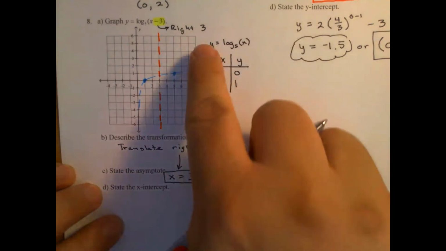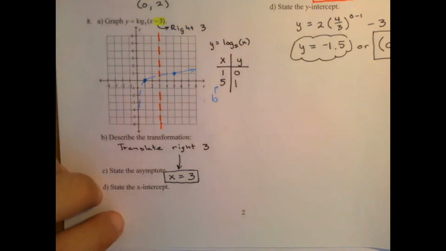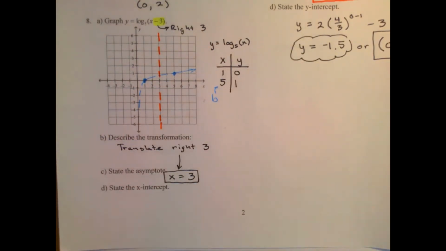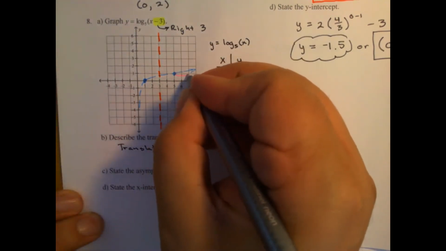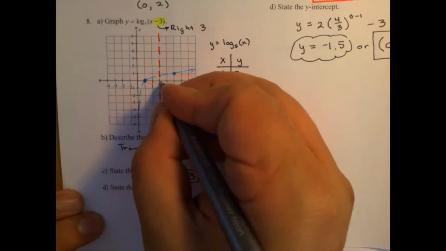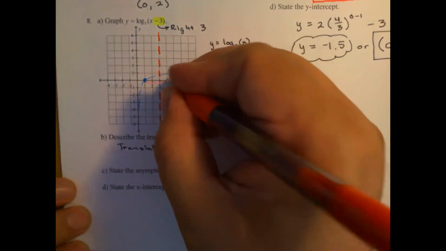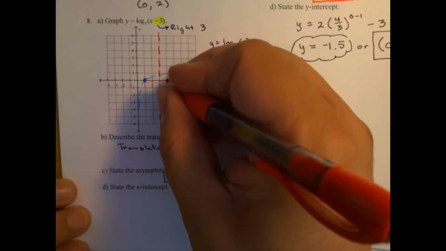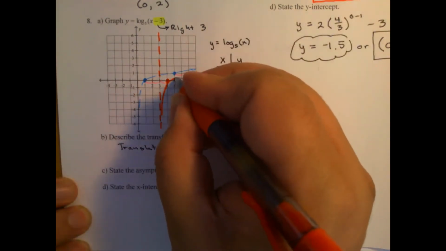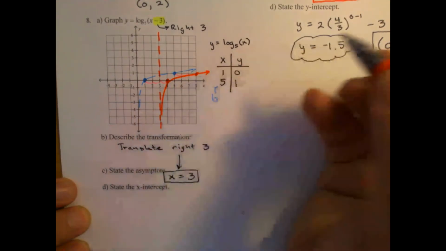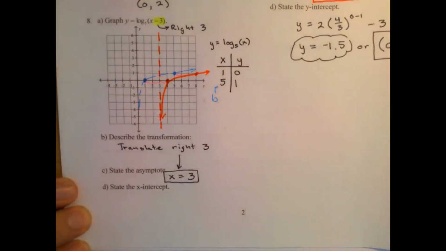And now everything's going to move to the right 3 spaces. So remember, even this little point right here is going to move 3 spaces over. 1, 2, 3, 1, 2, 3. There they are. These are the new points. This is the new asymptote that we're going to be getting closer and closer to. And then it just kind of makes that turn right there, and it keeps climbing very slowly, but it continues to climb.